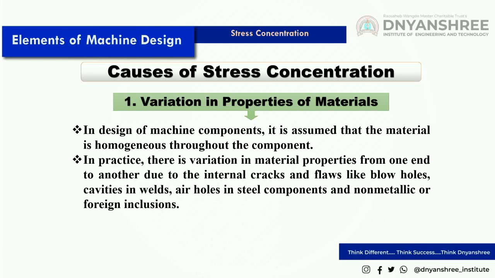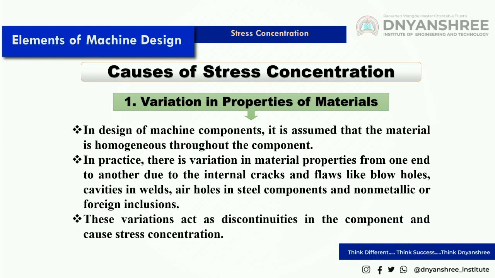In practice, there is a variation in material properties from one end to another due to internal cracks, flaws like blowholes, cavities in welds, air holes in steel components, and non-metallic or foreign inclusions or impurities. Due to these reasons, the properties vary from point to point.